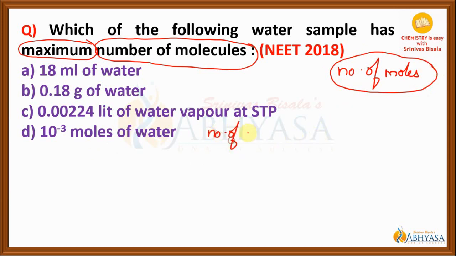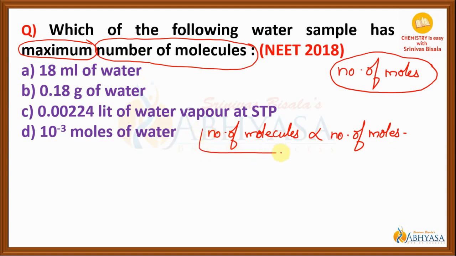Number of molecules is always directly proportional to number of moles. If you have any doubt regarding this, you can watch the previous video whose link I have kept in the description box.